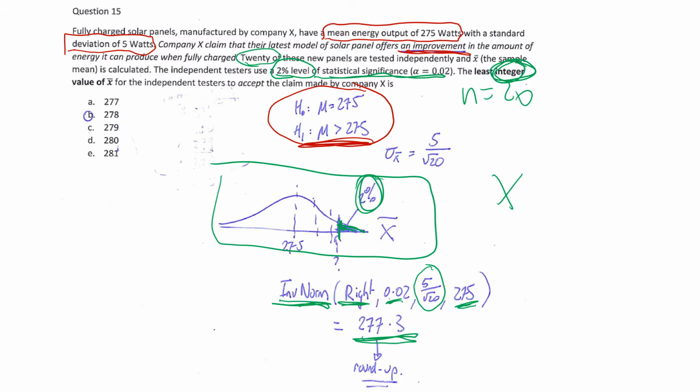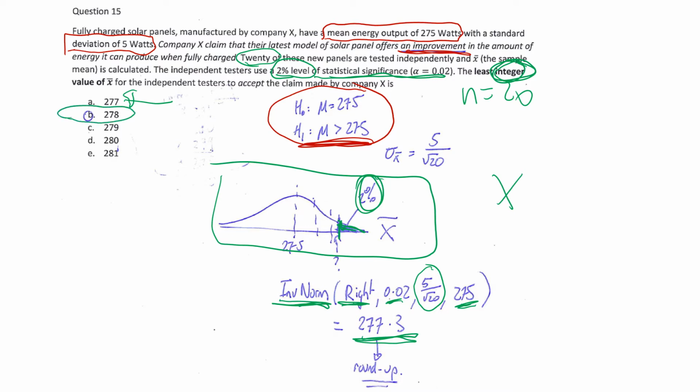Now, of course, you see 277 there, but it's the least integer value for them to accept the claim. If you got 277, it's not quite great enough, but 278 is the least integer value for them to accept the claim. And so it's not A, but it's in fact B that you needed to go for.